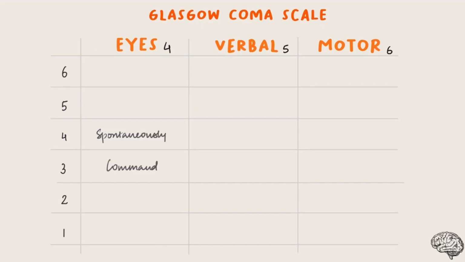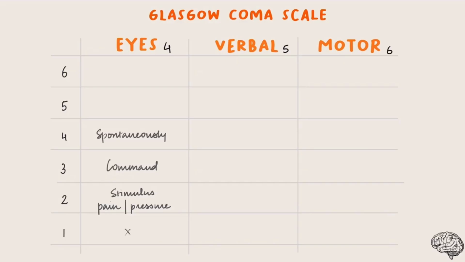If this doesn't work out and you have to give a stimulus to a patient, which could be in the form of pressure or pain, we give them a score of 2 when they open their eyes. If, despite all of this, the patient does not show an eye opening response, we give them a score of 1.